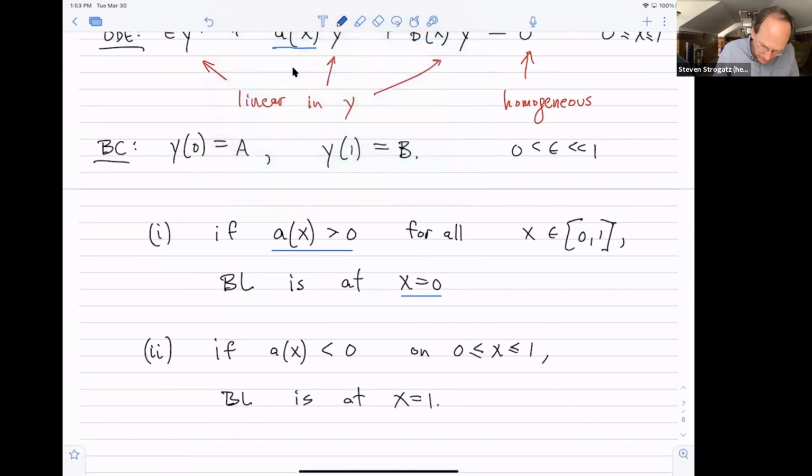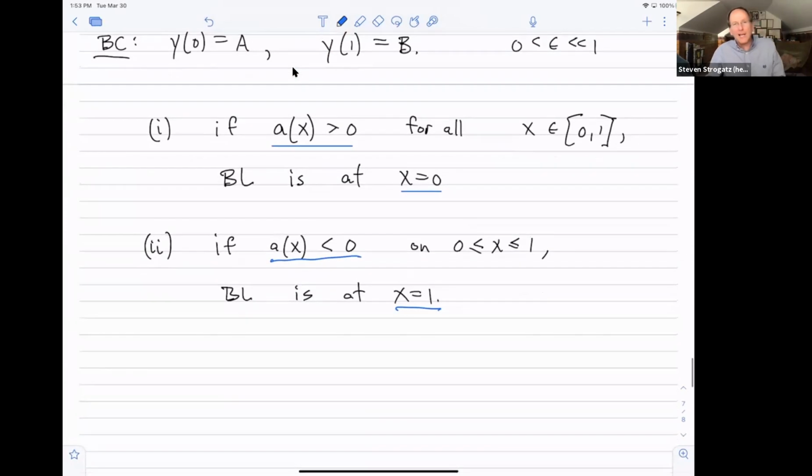And finally, what happens if A has a 0 somewhere inside the interval? That's an interesting case.